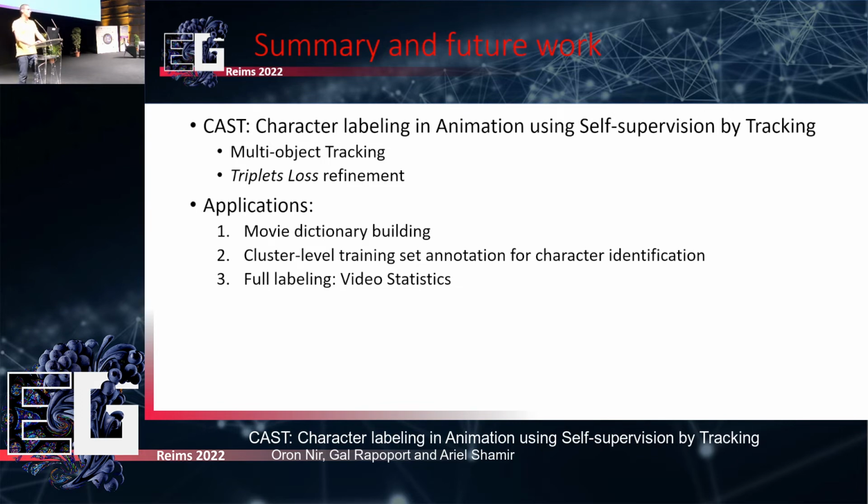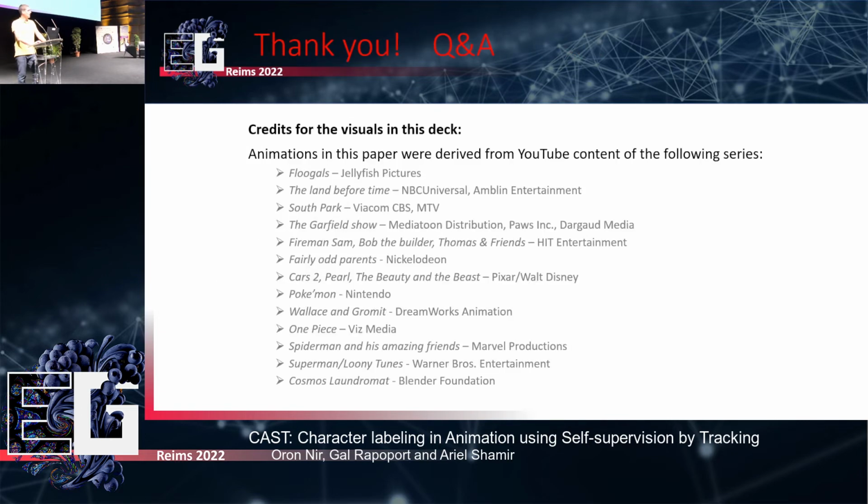Another with the human in the loop that leveraged this method in order to label a training set and build image classifiers. And finally, to apply it on the full video frame by frame to estimate the gender bias. And with that, I'll be happy to answer some questions.